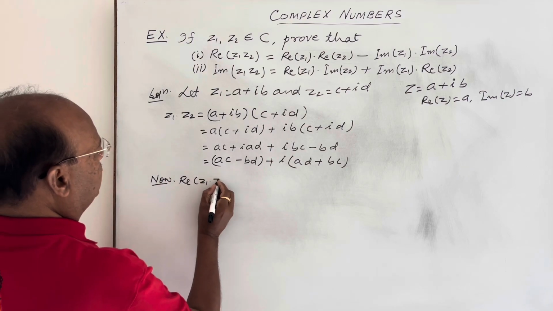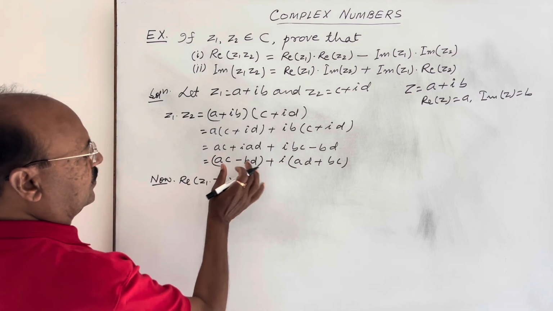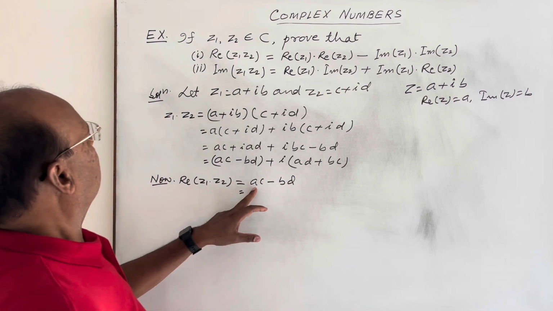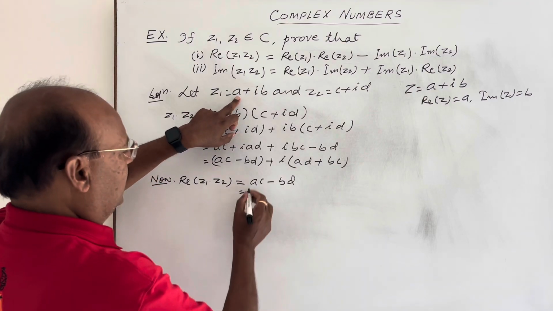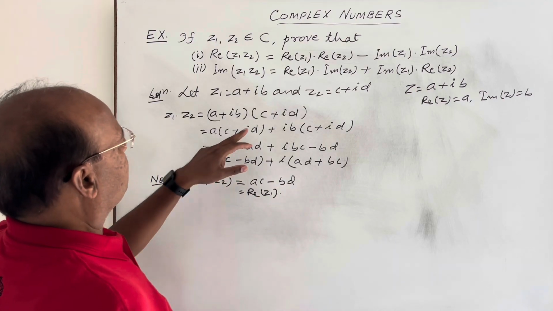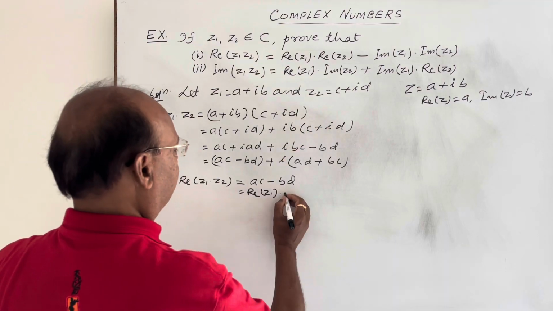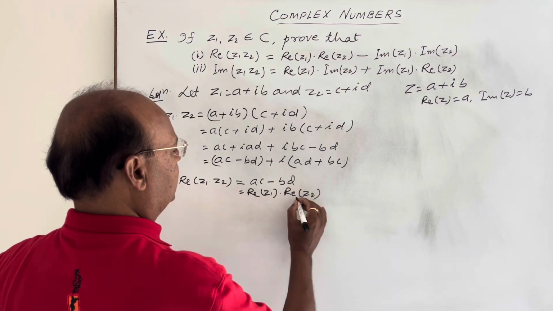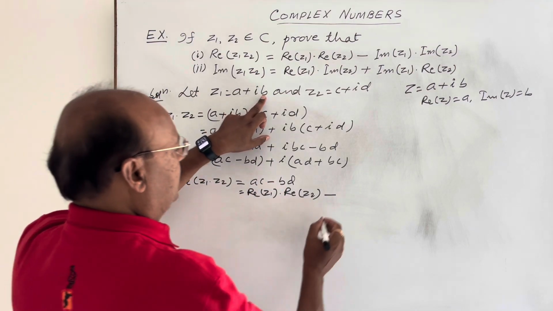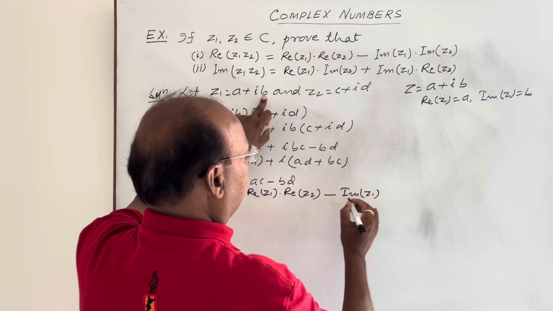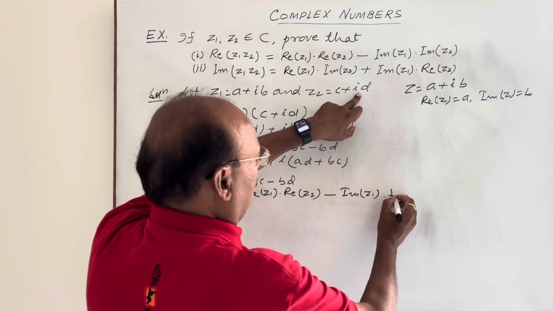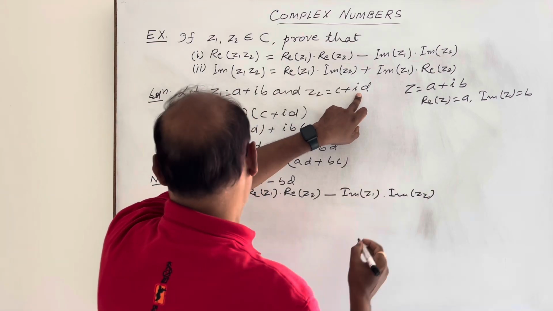real part of Z1 into Z2 is this much, that is ac minus bd, and you see a is the real part of Z1, into c, which is the real part of Z2, minus b, which is the imaginary part of Z1, into d, which is the imaginary part of Z2.